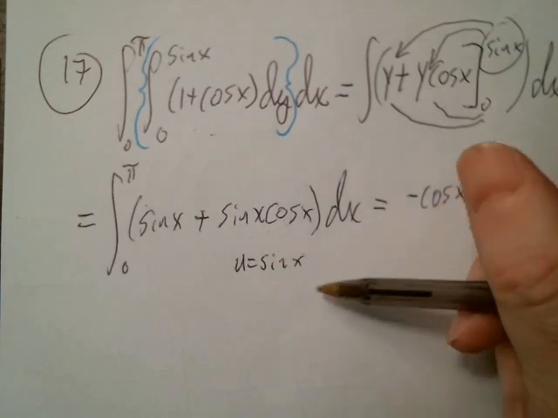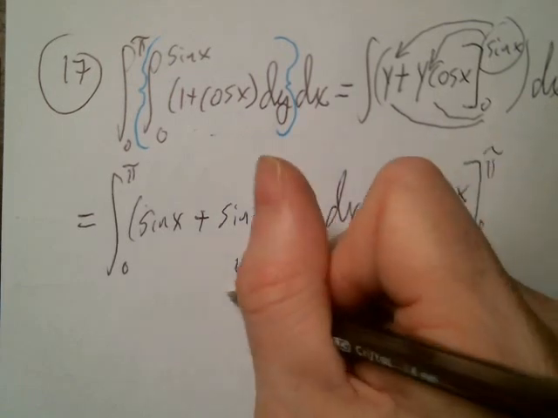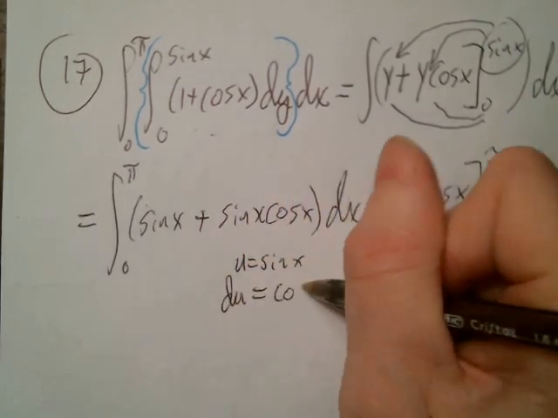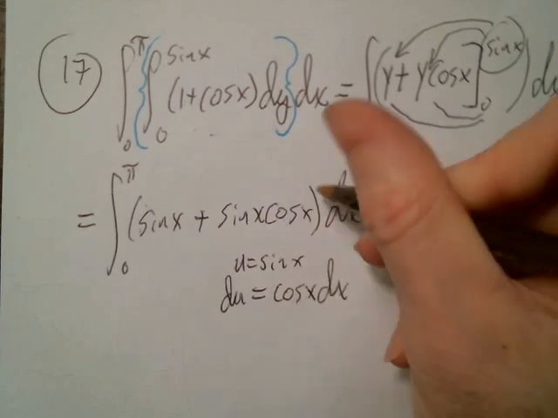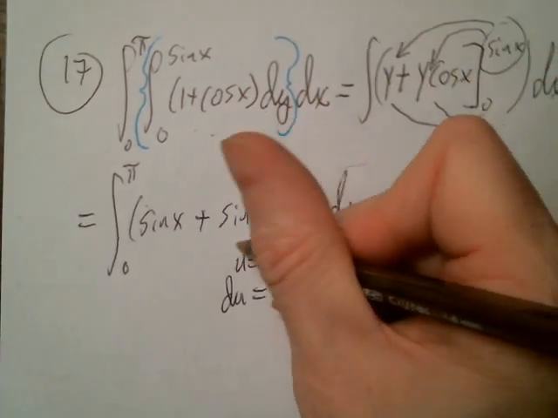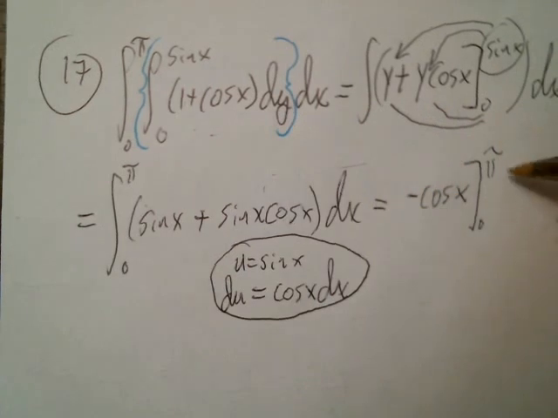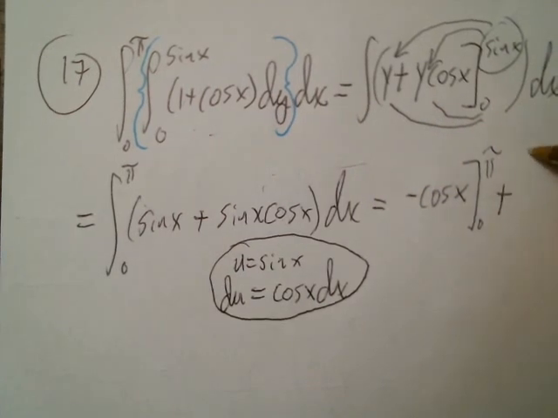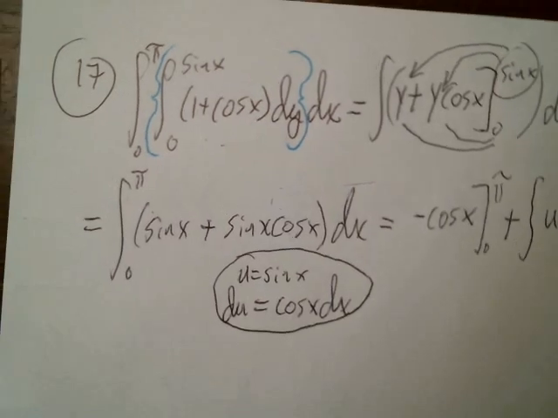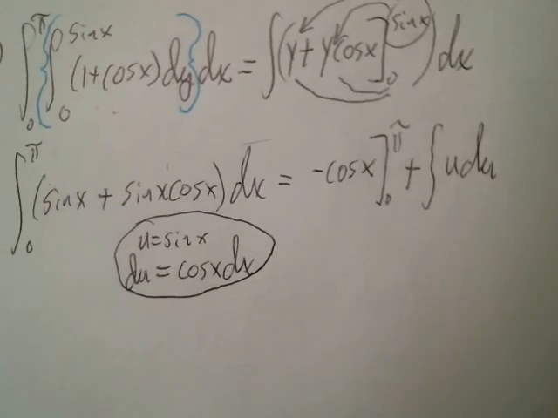And then I'm doing a u sub on this guy. So du will just be cosine x dx, which is sitting right here. So I need not worry about cancellations or anything. So this will be the integral from whatever to whatever of u du.